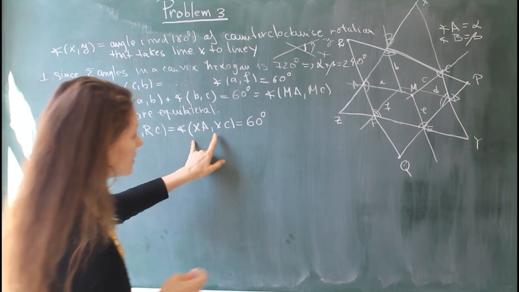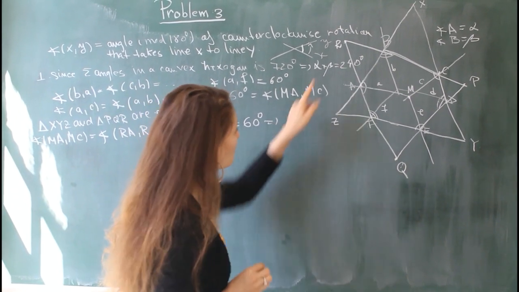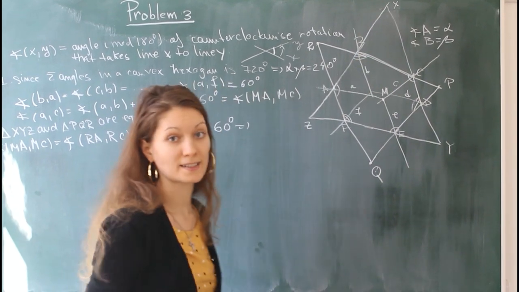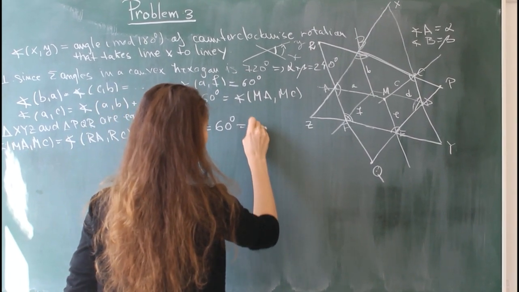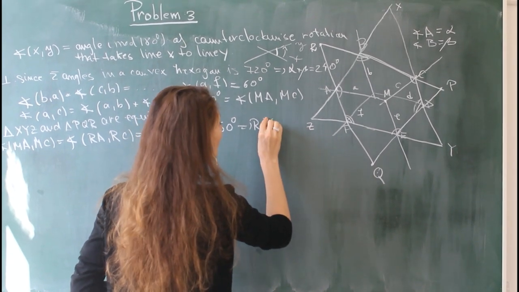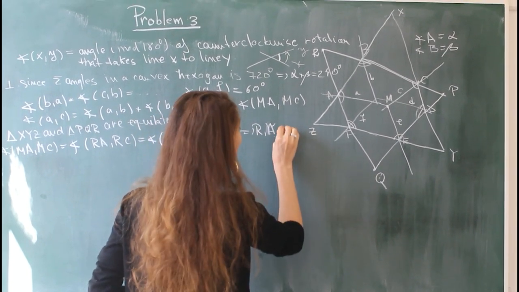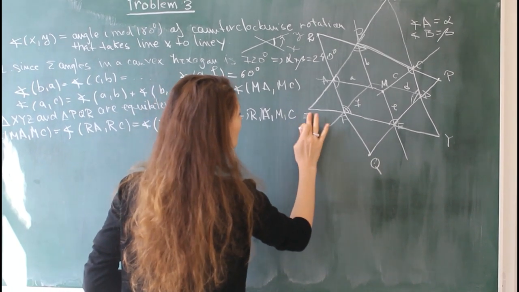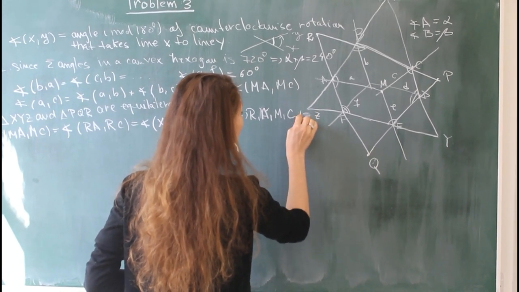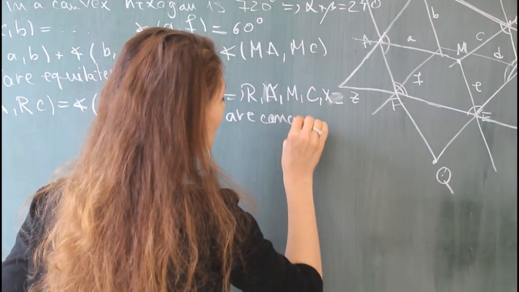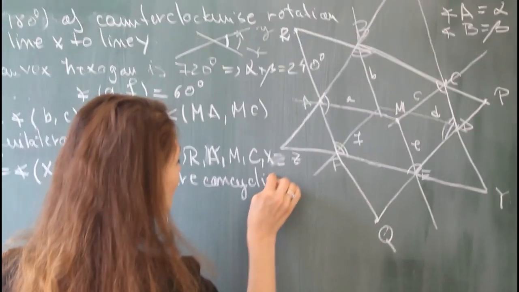So from here we immediately deduce that the points R, A, C, X are concyclic.